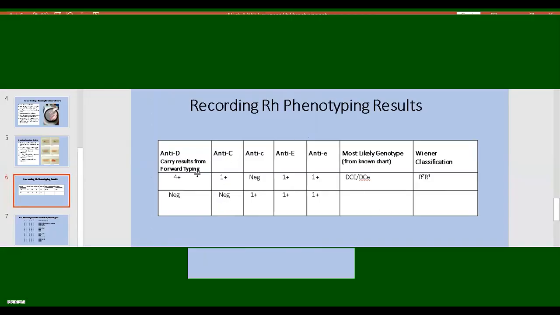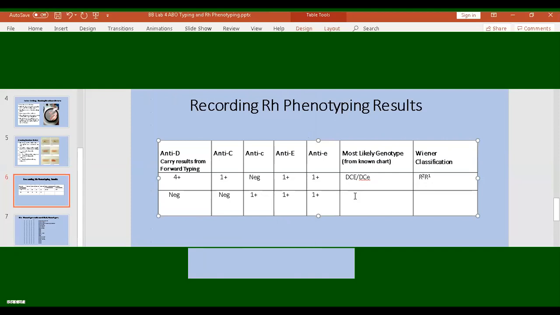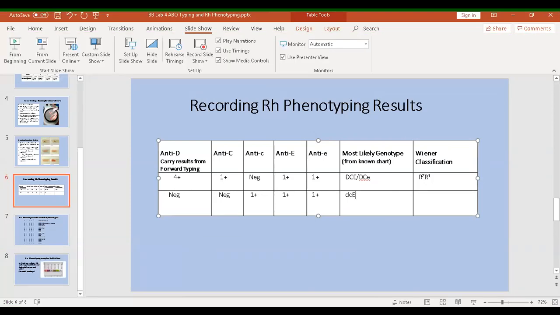So no big C, no big D, but little c, big E, and little e are all there. And remember, sometimes people will write little d to indicate the absence of big D, but there really is no little d antigen. So little d, little c, big E. And then the second choice was little d, little c, little e.